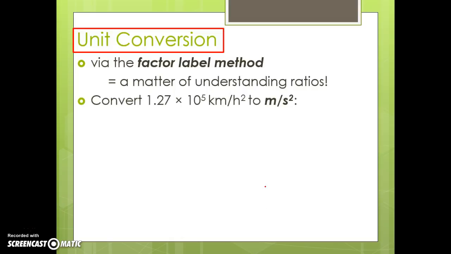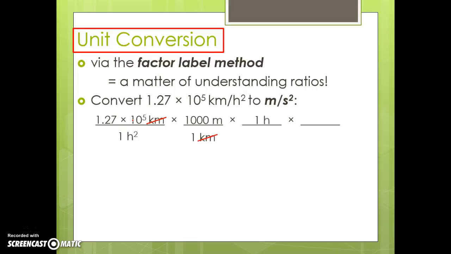Now, this is the harder one. This is for acceleration: 1.27 times 10 to the 5 kilometers per hour squared to meters per second squared. So that's a four-way cancellation. So 1 hour squared, you put that down here, with 1.27 times 10 to the 5. Now we have to cancel out the kilometers. The 1 kilometer, 1,000 meters, they cancel out.